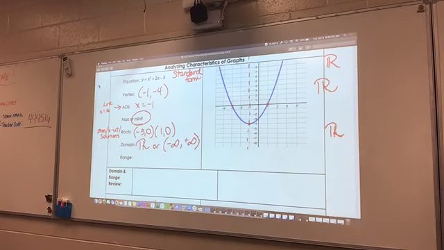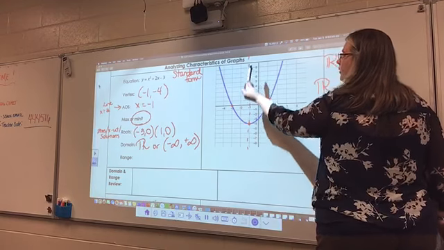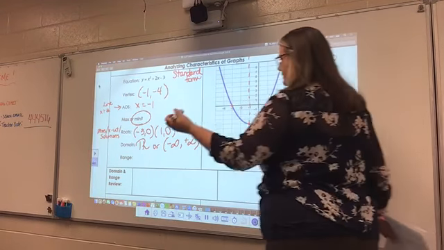All right. So it's going to take all of our x coordinates to create that quadratic. But what about our y's? Now you have to think vertically for the y-axis. What's the lowest y coordinate? -4. And we're including that. So -4 all the way to +infinity.